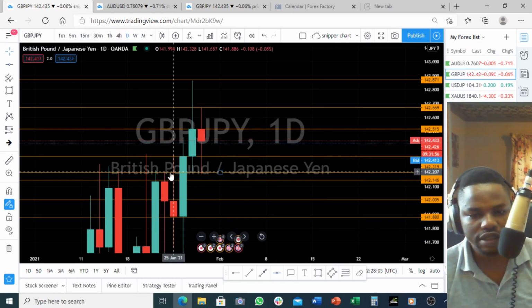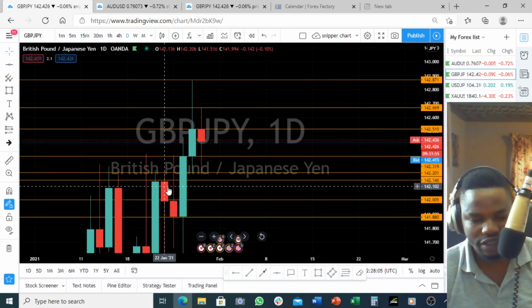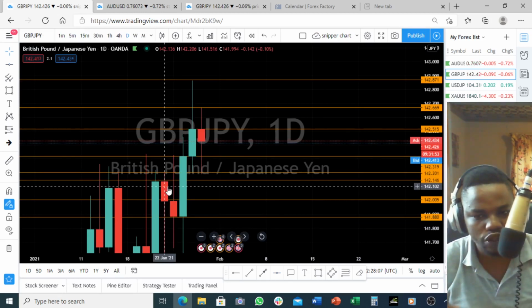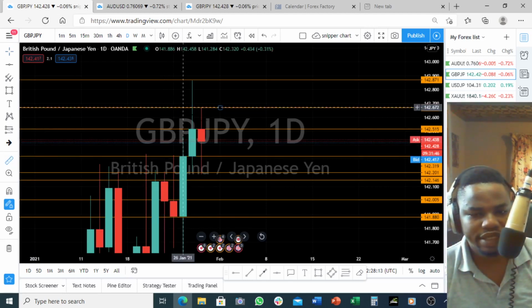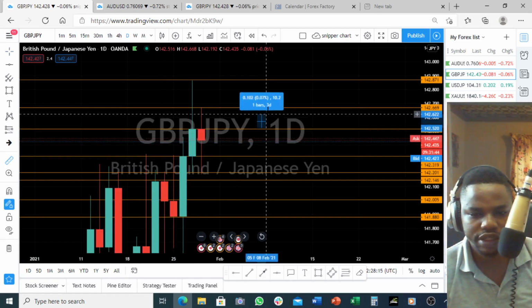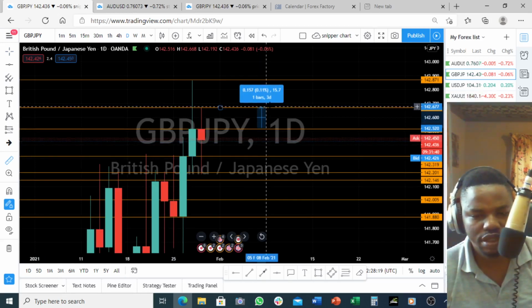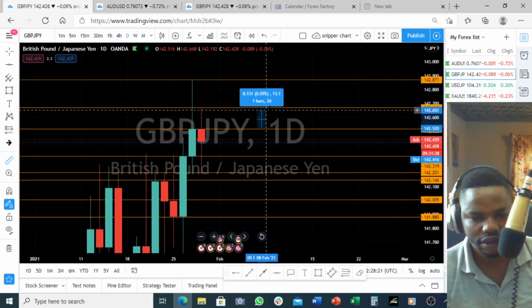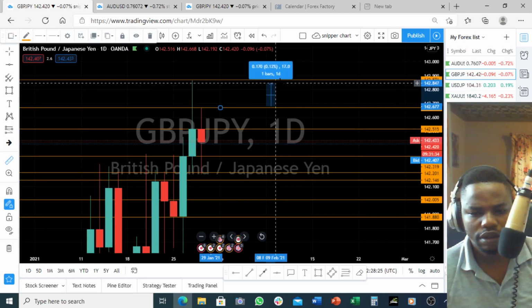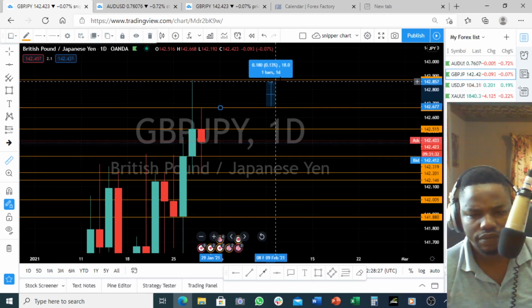I'm an intraday trader. I trade a session. After a session, I expect to be done unless I have a big move. Okay? Then what I trade is ranges. I expect ranges here. I expect to trade over 20 pips here. This is 15 pips. If it's worth it, I might take it. This is 18 pips.